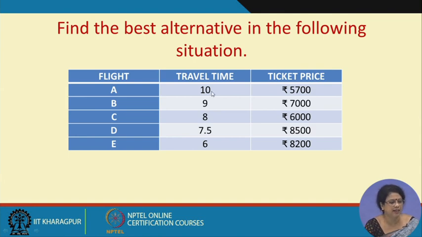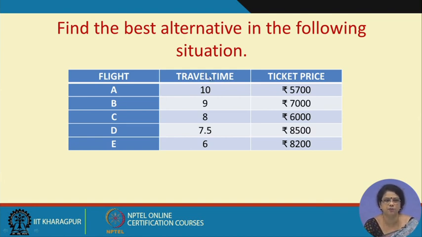The data is given in such a way that where the travel time is high, the ticket price is low. If I ask you what the optimal solution is in this situation, it is very difficult to find, because there is no single optimal in this case. That is why we call this kind of problem a multi-objective decision making problem.